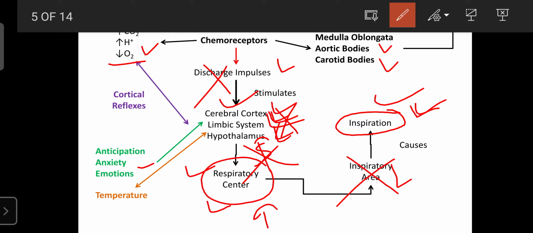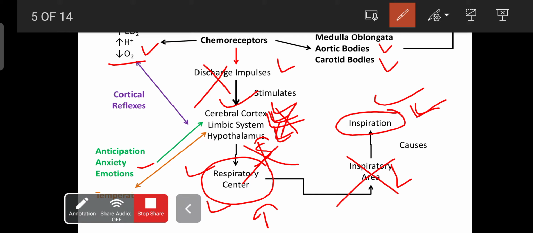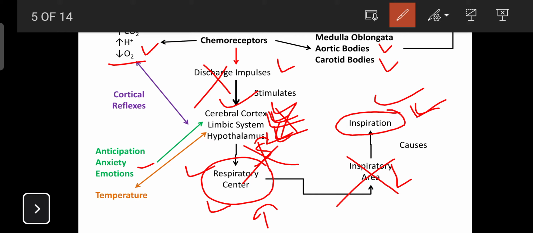As well as the temperature. As the temperature increases, it is detected by the hypothalamus. According to that, the hypothalamus is involved in the regulation of body temperature by increasing or decreasing respiration. As the temperature decreases, it can inhibit respiration, which helps restore the heat in the body.